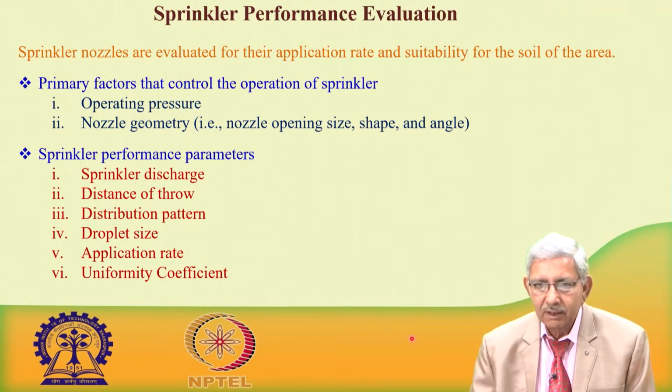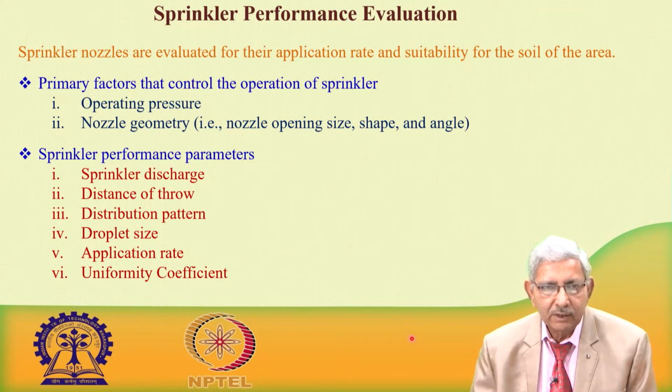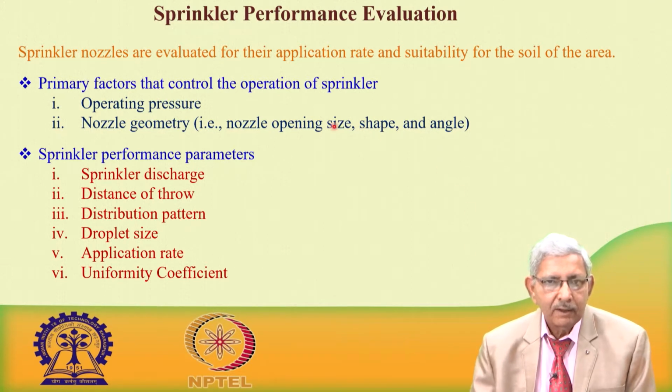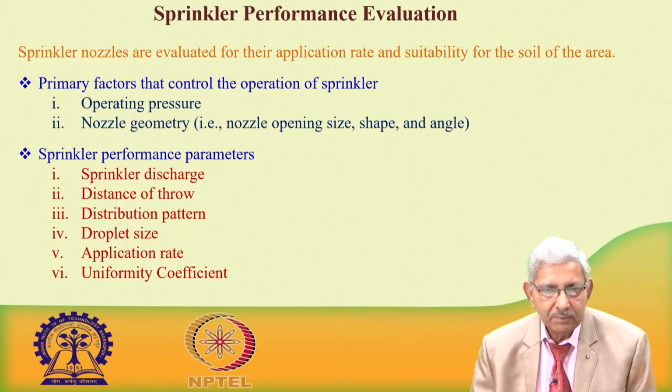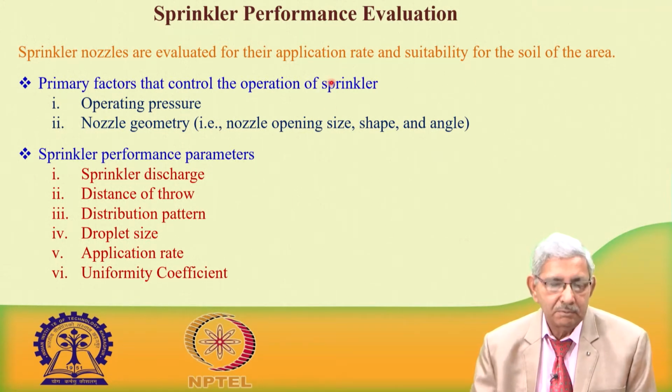These two are the important factors that affect the water application rate. How much discharge is coming out of the sprinkler depends upon the operating pressure. Nozzle geometry means the diameter of the nozzle opening and the shape, whether it is circular, rectangular or square.